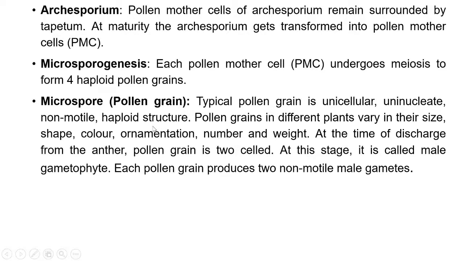They are haploid due to meiotic division. Pollen grains in different plants vary in their size, shape, color, ornamentation, number, and weight. In different plants, there are different types of pollen grains. At the time of discharge from the anther, the pollen grain is two-celled. At this stage, it is called the male gametophyte. Each pollen grain produces two non-motile male gametes.